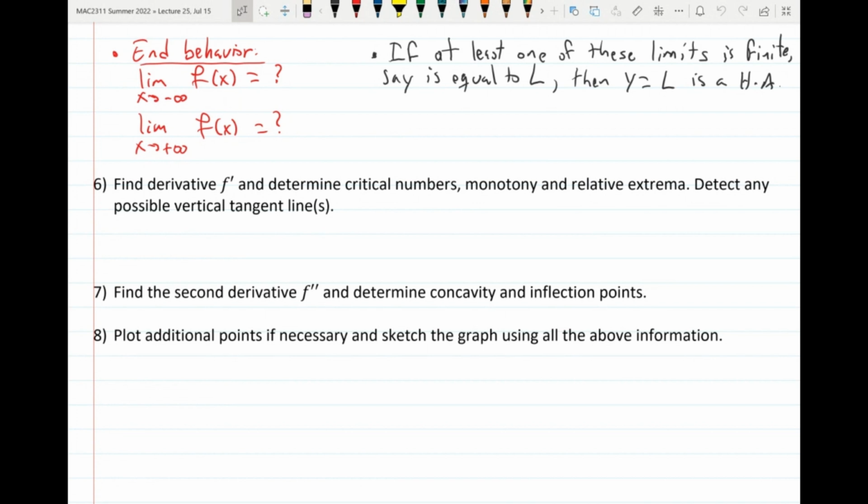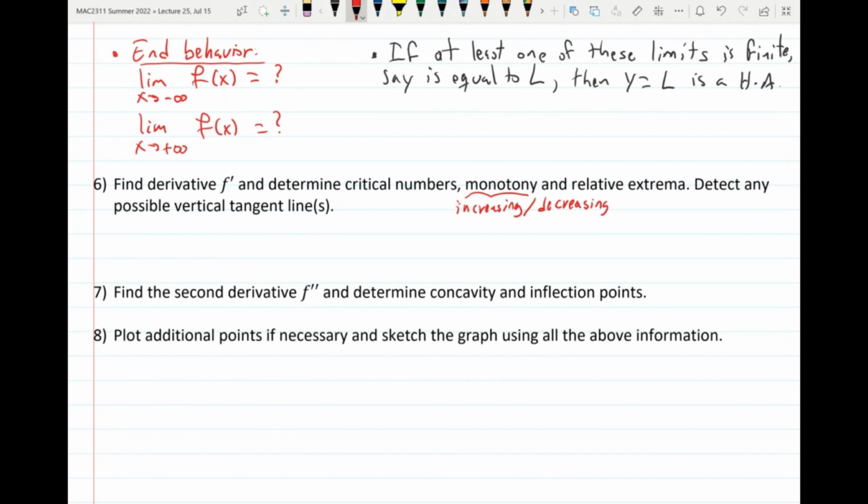So in the first derivative, you're going to figure out the monotony of the function, that means when it's increasing or decreasing, and the relative extrema, to see where we have any relative maximum, relative minimum, etc.